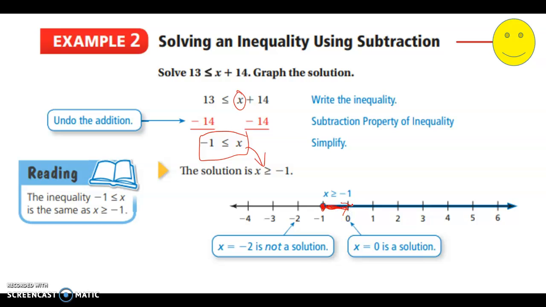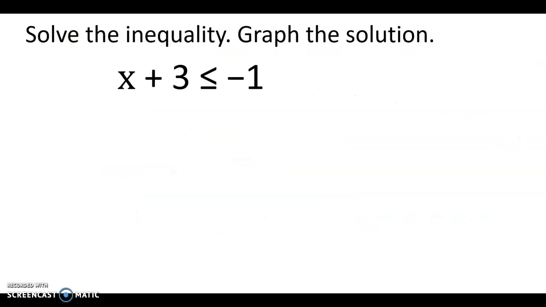All right, so that's an example from the book you can look at. Let's try the problem right below it. So our variable term is right here, x. To get rid of plus 3, we go minus 3 to both sides of the inequality. I get my x, bring down the inequality. Negative 1 minus 3.